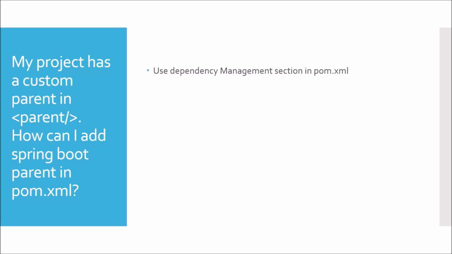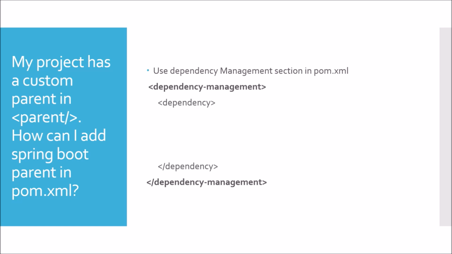For adding Spring Boot parent in pom.xml, if the parent tag is already occupied, use the dependency management section. In pom.xml, create a dependencyManagement tag, and inside it you have several dependencies.